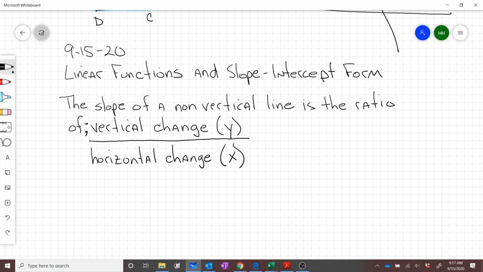Another way of saying that is y sub 2 minus y sub 1 divided by x sub 2 minus x sub 1, where x sub 2 minus x sub 1 is not equal to 0.